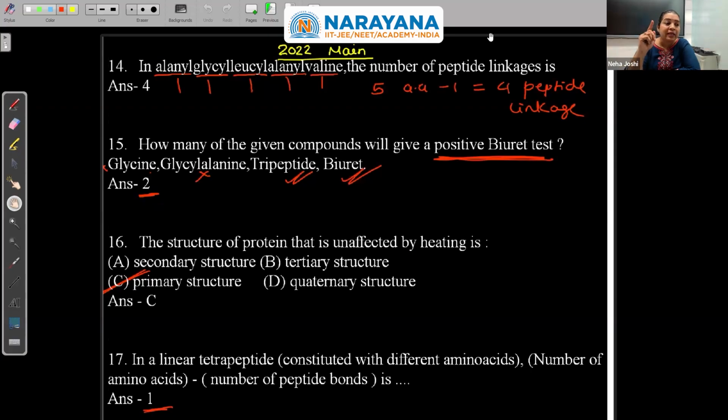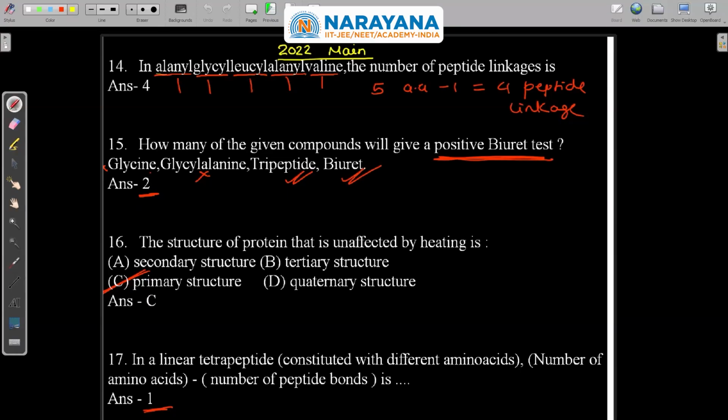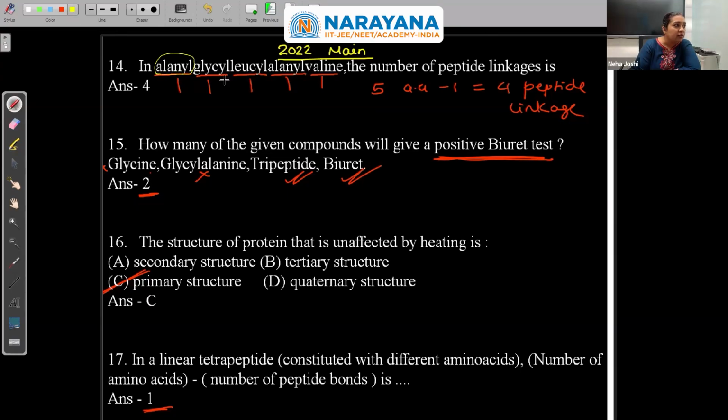I told you peptide linkage is number of amino acids minus 1. So whatever they are giving, see, I'm marking alanine, glycine, leucine, alanine again, valine. So how many amino acids? 1, 2, 3, 4, 5.